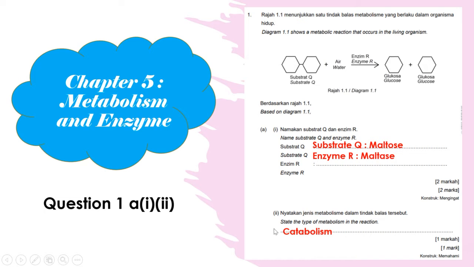Next, we go to question A2. State the type of metabolism in the reaction. We already learned that there are two types of metabolism in our body: catabolism and anabolism. Catabolism refers to the breakdown process, whereas anabolism refers to the build-up process.